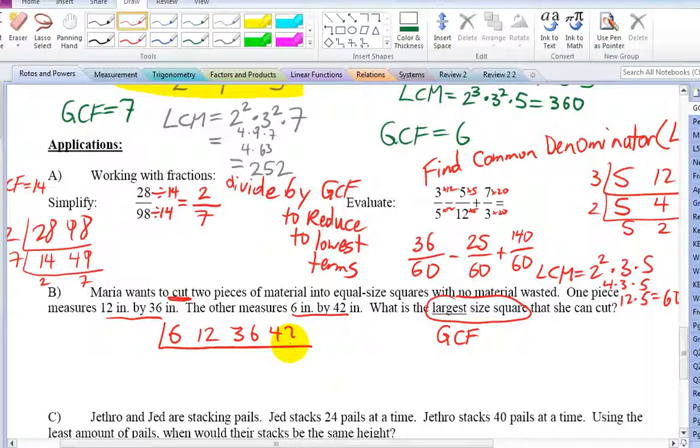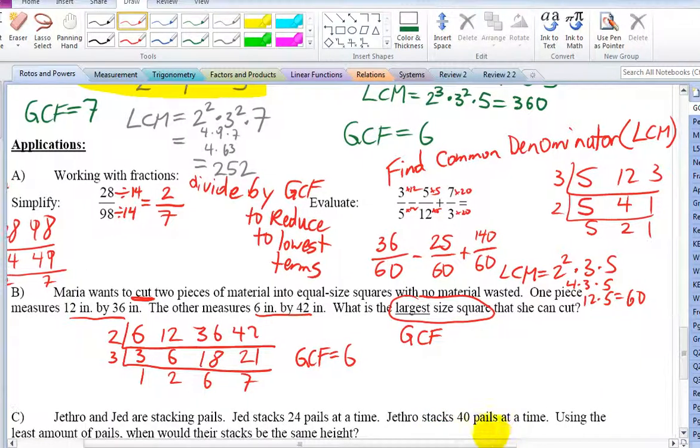Find your GCF. Divide by 2. And then divide by what? 3? So what's your GCF? Okay. Now try and answer the question. Okay.